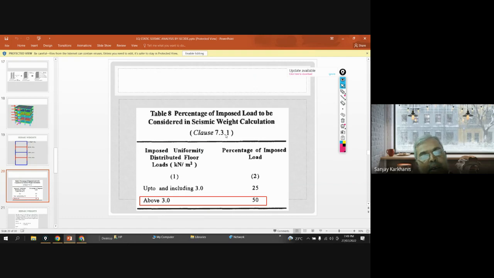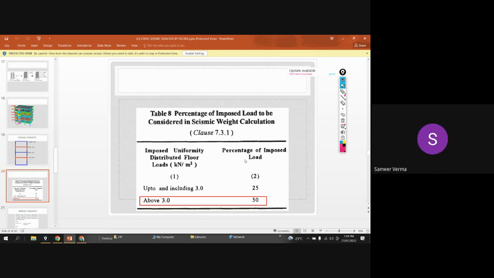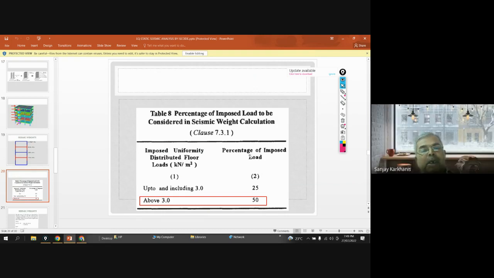इसका कंसेप्ट आपको समझ में आया? Why the code is allowing you to reduce the magnitude of live load, not dead load. Okay? Yes, sir. But earthquake phenomena is rare and nobody knows when it will occur, and even if it occurs at daytime also, what is the probability that every floor will be subjected to its highest load considered? Clear?